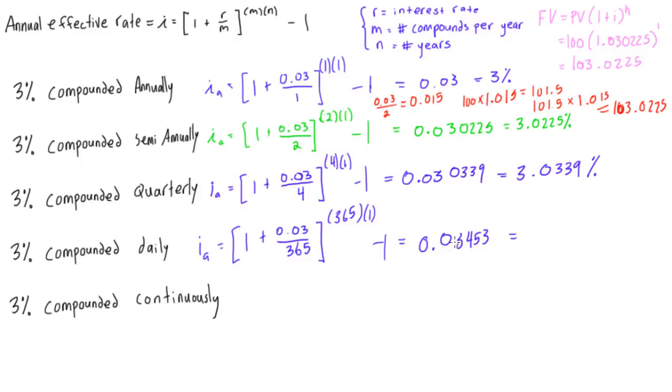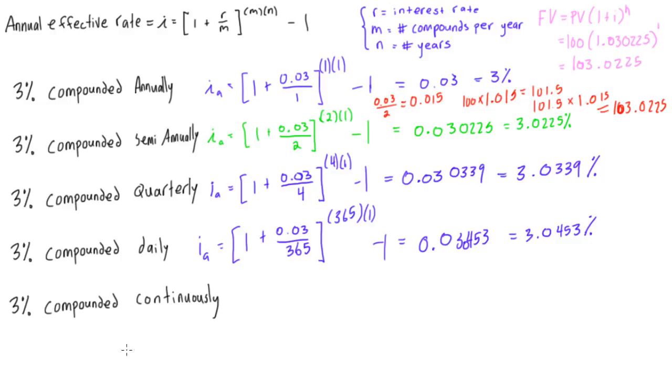I think I missed a 0 in there. So we're going to have 3.0453%. So if you're a banker or someone ever tells you that you can get an investment that's compounded daily, obviously it's better than compounded annually. We're up by 0.04%, but it's not the hugest deal in the world.